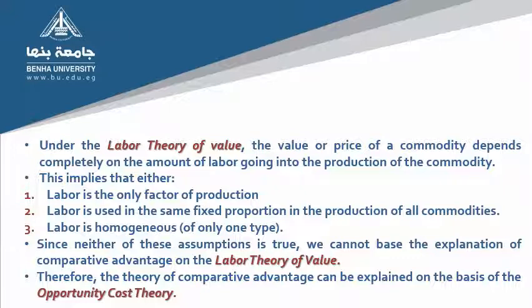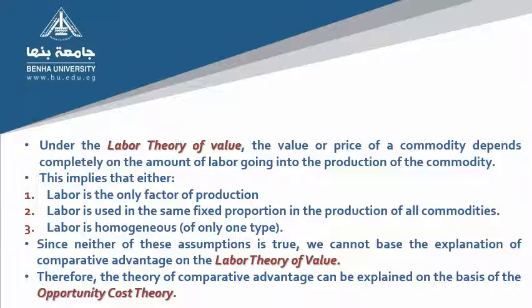For example, much more capital equipment per worker is required to produce some products, such as steel, than to produce other products, such as textiles. In addition, there is usually some possibility of substitution between labor, capital and other factors in the production of most commodities. Furthermore, labor is not homogeneous, but varies greatly in training, productivity, and wages.